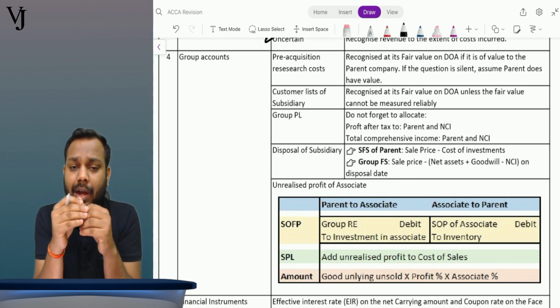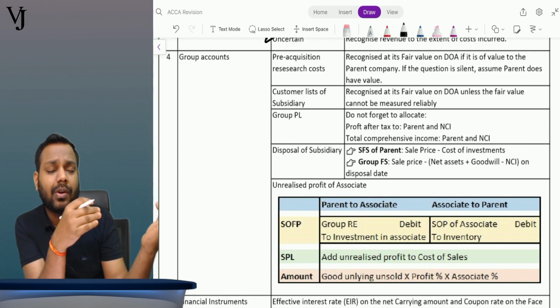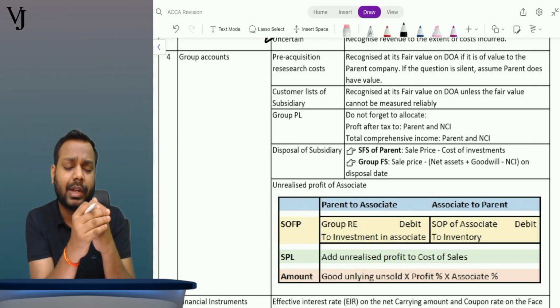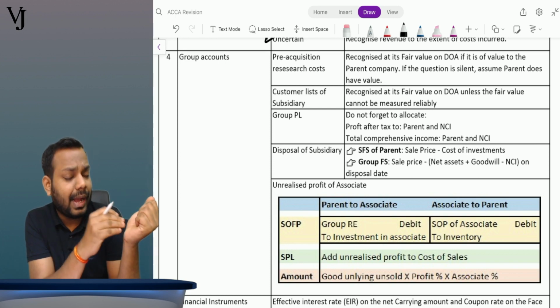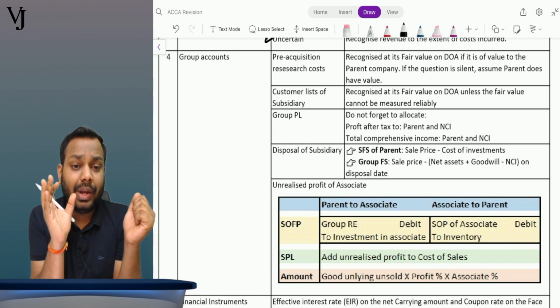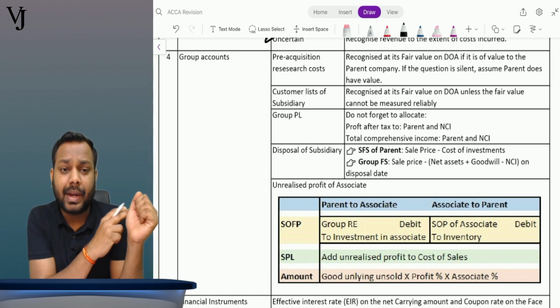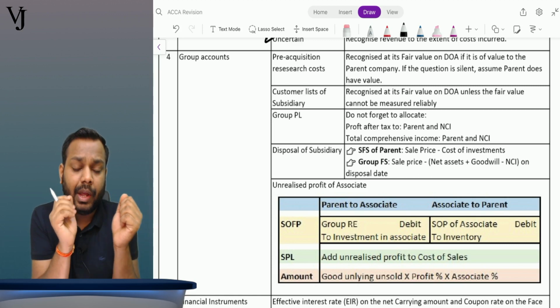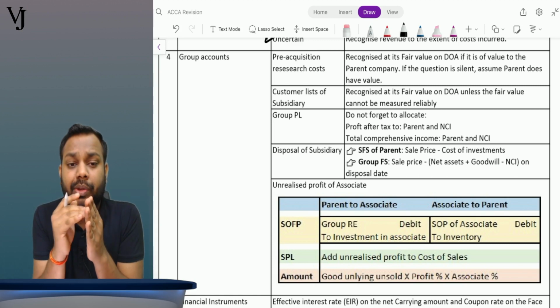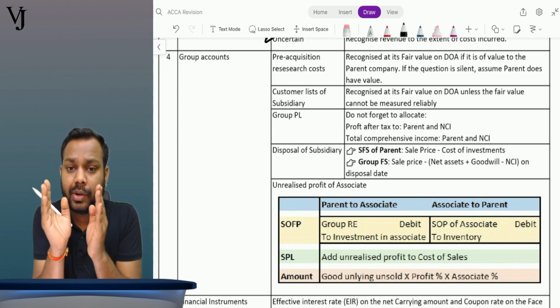But while discussing group accounts, I discussed that if the subsidiary company has incurred any cost on research of any project, and if that research has some value to the parent company, then the parent company will recognize the research cost incurred by the subsidiary at its fair value on the date of acquisition. After acquisition, if the subsidiary further incurs any research cost, that will be transferred to P&L.